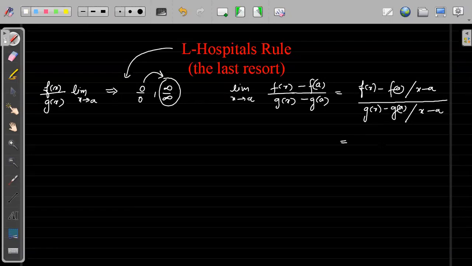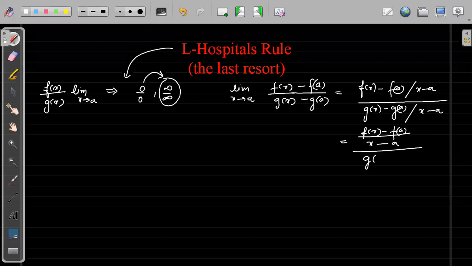So the numerator I can write as f of x minus f of a divided by x minus a, and the denominator as g of x minus g of a divided by x minus a, with the limit x tending to a in both.